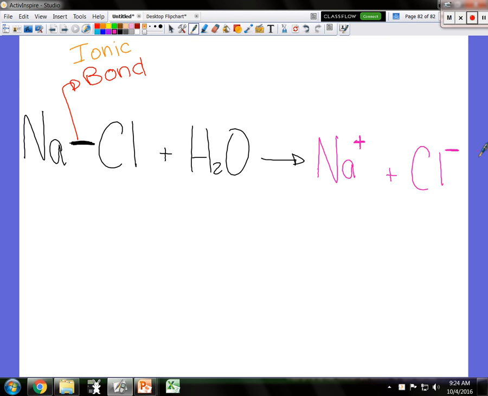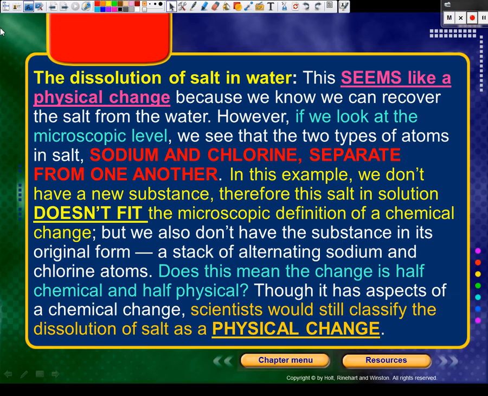Na plus and Cl minus. What do we call things that have pluses and minuses on them? Ions. Very good. So when I take that sodium chloride and pour it in the water, it's going to separate. It's going to dissolve. It's going to turn into ions. Keep this in mind as he reads the next little part. Okay, Joseph, I'm going to flip back. Everybody got this? Go ahead and keep reading.